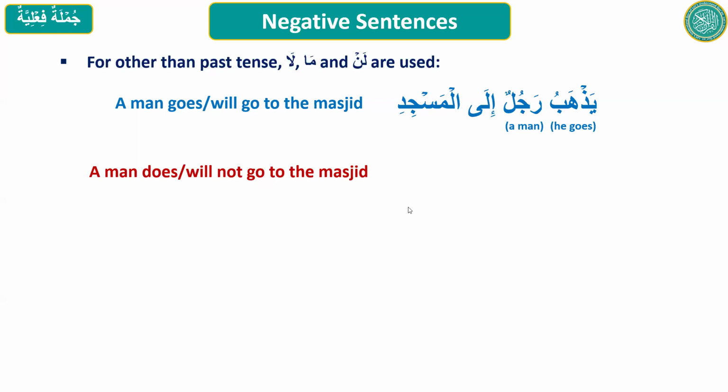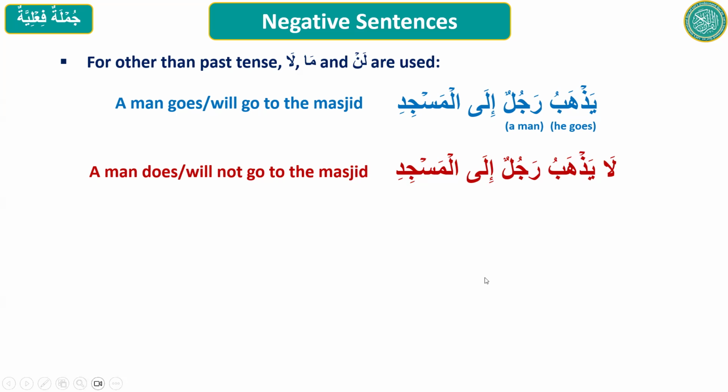We will just use la and no change to the rest of the sentence. La yazhabu rajulun ilal masjidi. And it will mean both present tense and future tense. A man does not go to the masjid or a man will not go to the masjid. Simple as that. Okay?